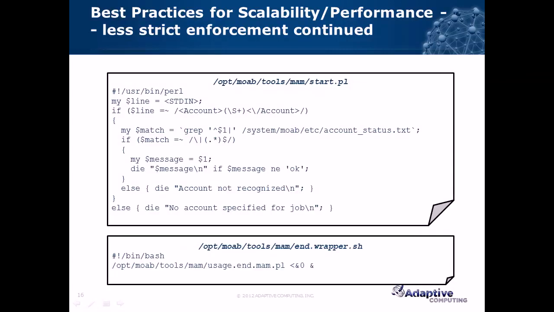Then that start script simply parses the account out of the XML, looks it up in that flat file, and it either succeeds if it has a sufficient balance, or it gives an appropriate message that will show up in the checkjob -v if there's not a sufficient balance. The effect of that could be you place the job on hold or cancel, whatever you want your action to be based on that same parameter I showed you before. The start failure action will determine what you want the job to do as a response of being out of funds or something.